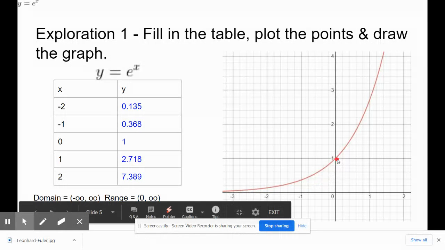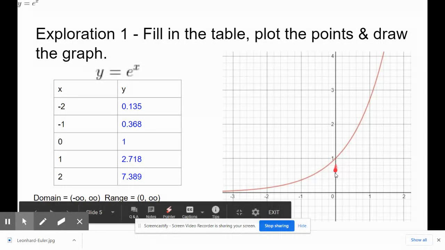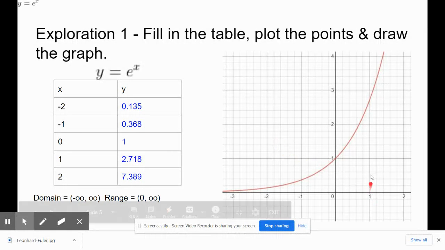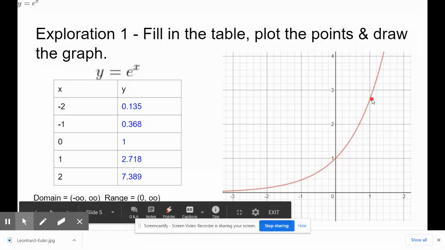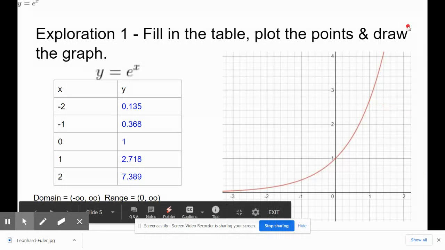When x is 0, anything to the 0 power we know is 1, so it goes through (0, 1), and that's a common point on exponential growth or exponential decay equations before we start manipulating it, before we shift it right, left, up, down, or put a number in front of it. And when x is 1, y is about 2.7, so right up here. When x is 2, we're off the graph that you can see, but it's up here at 7.389.